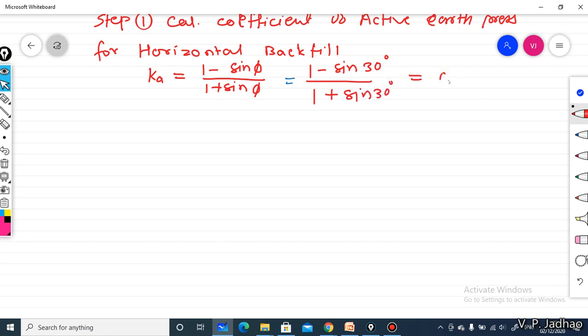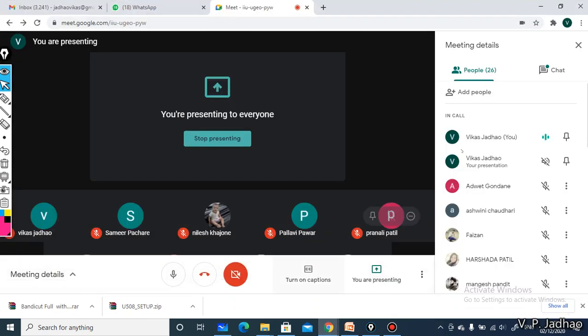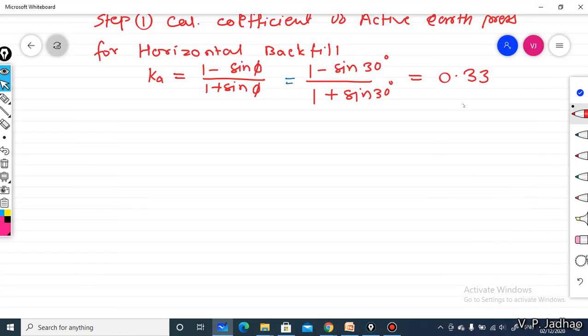We get this value as 0.33. So the coefficient of active earth pressure we have got is 0.33. This was step number 1a.